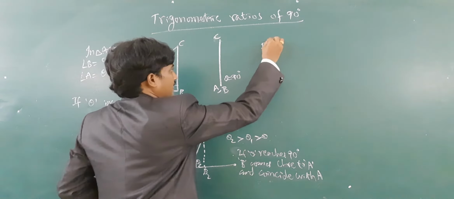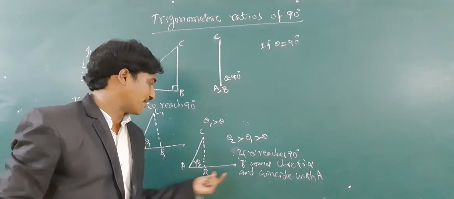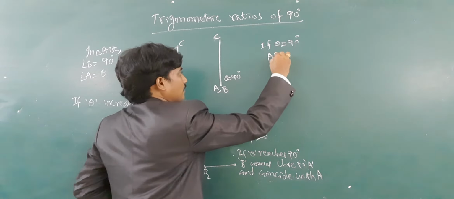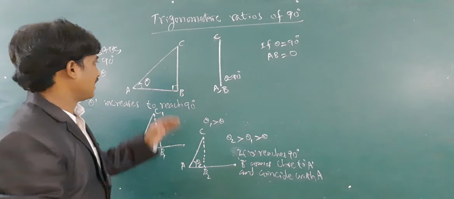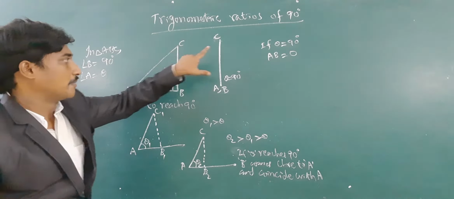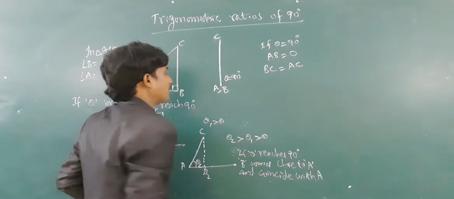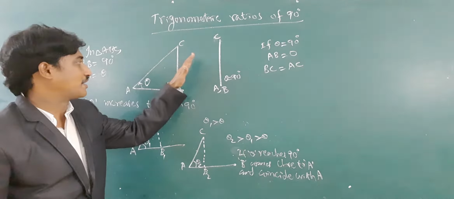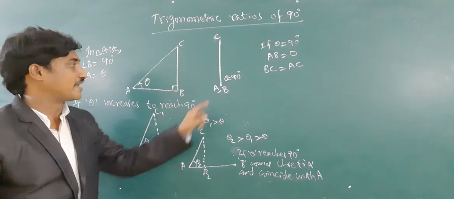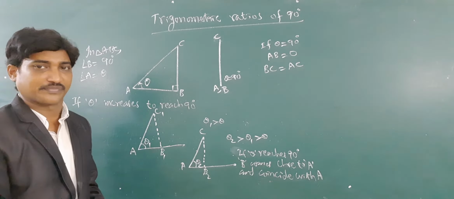So AB equals 0, and finally BC equals AC. BC length increases and comes close to AC. It equals almost AC when theta increases to 90 degree.